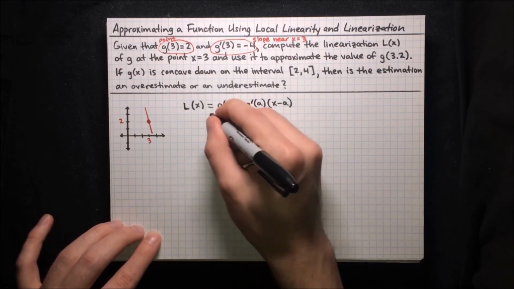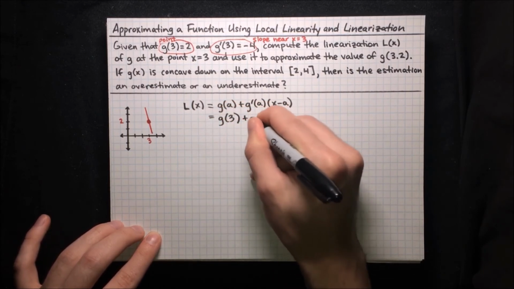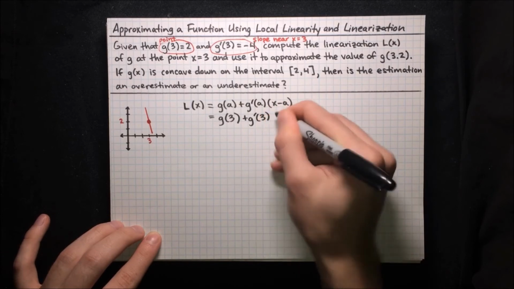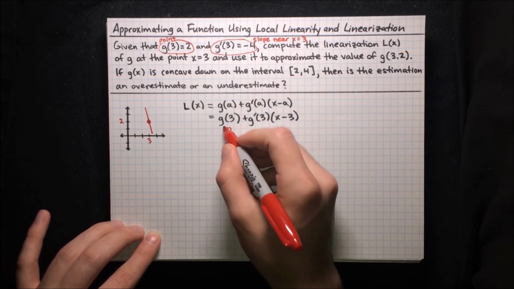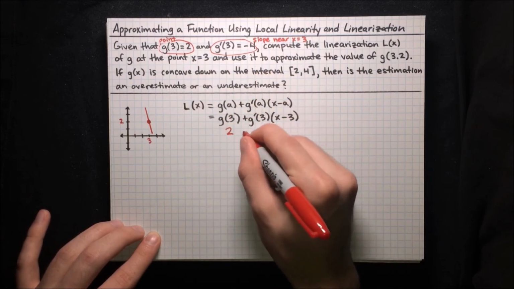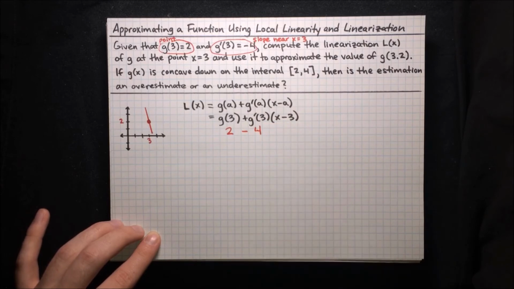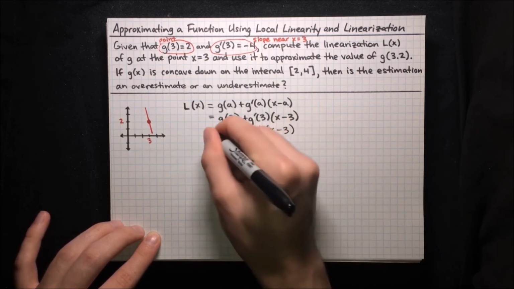So let's plug that in for a. So this is g of 3 plus g prime of 3 times x minus 3. G of 3 is just 2, and g prime of 3 is just negative 4. So 2 minus 4 times x minus 3. That's our formula for L of x.